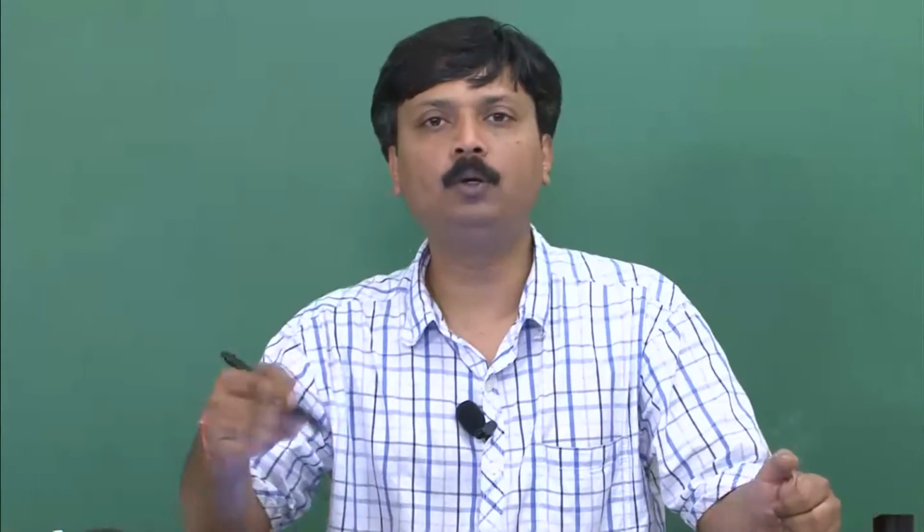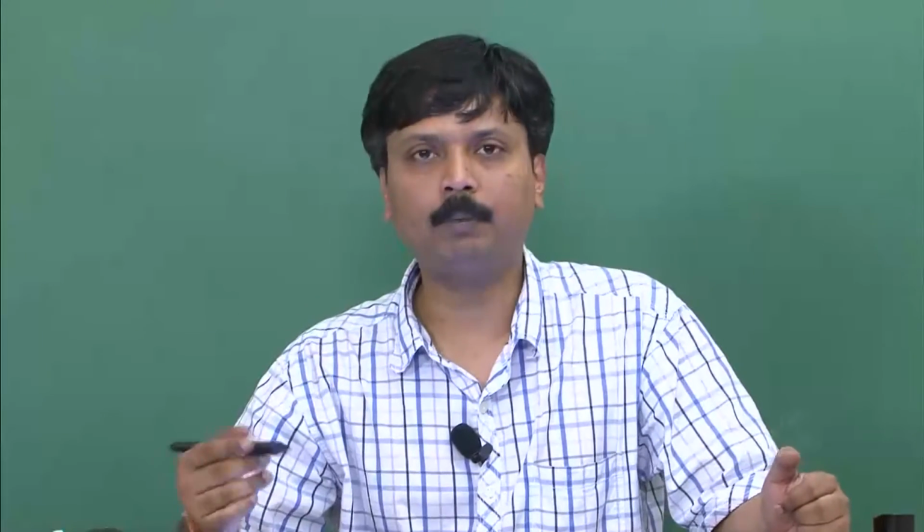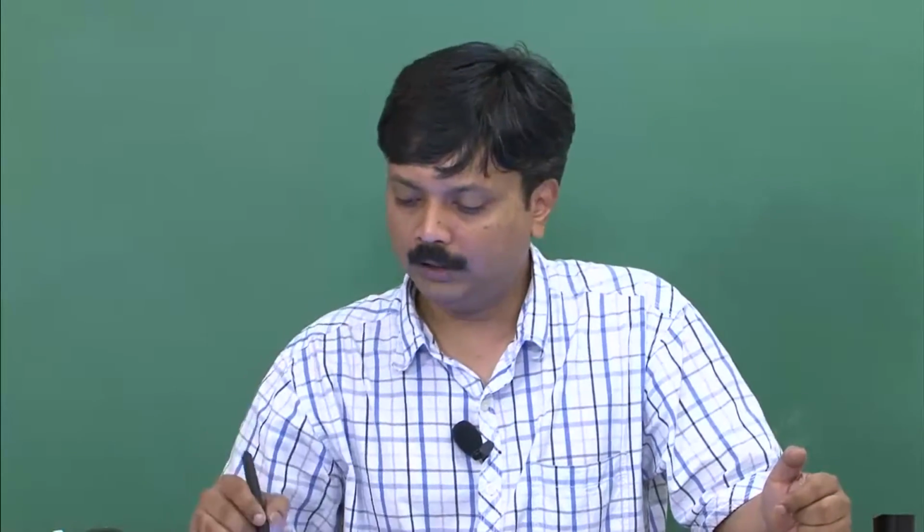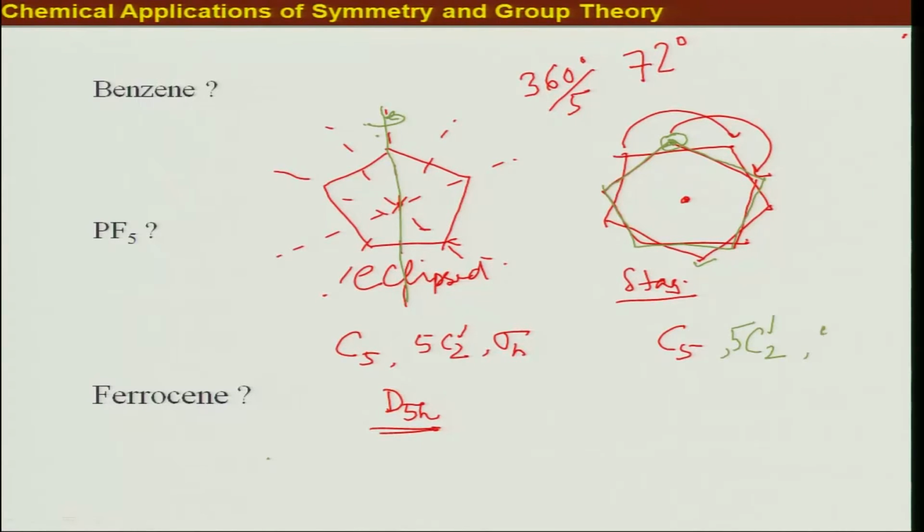You should be able to do that using pen and paper very easily. If you perform that, you will see there are 5 sigma d's. So, that is sufficient to get the point group. So, I have the D5d point group for the staggered conformation of the ferrocene molecule.